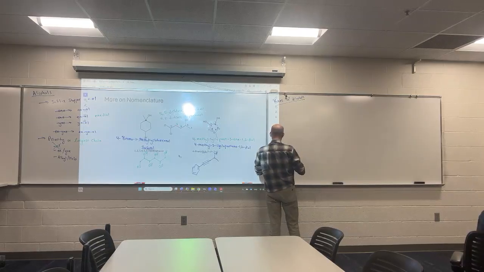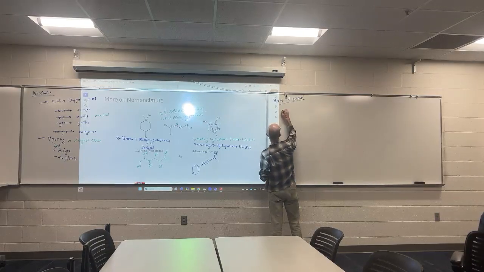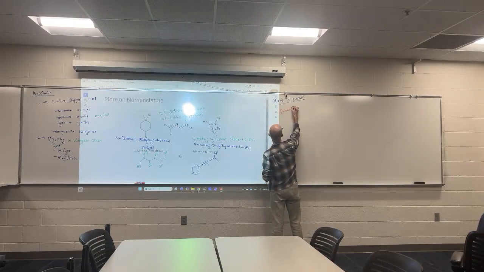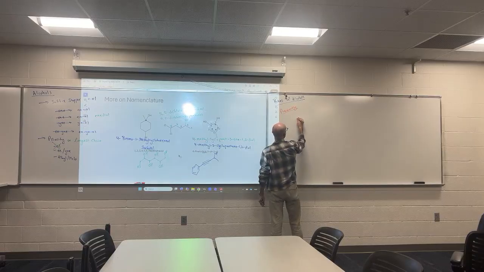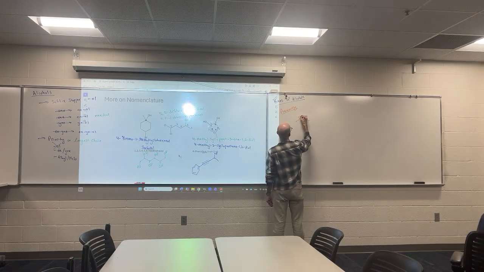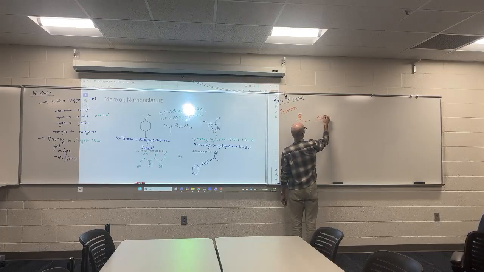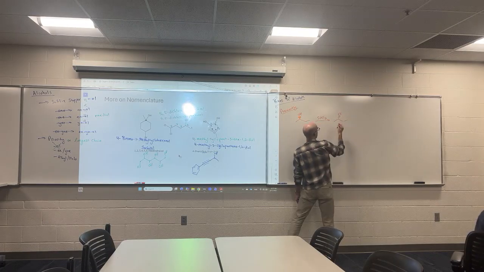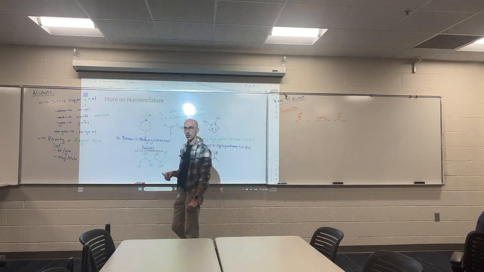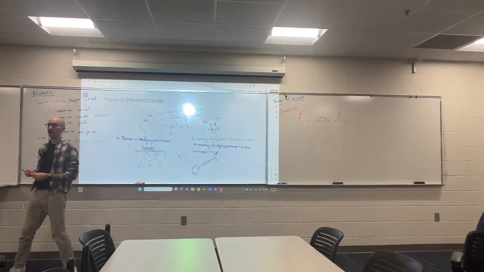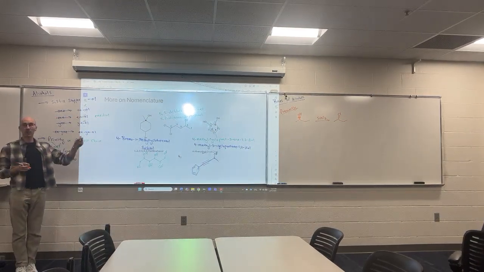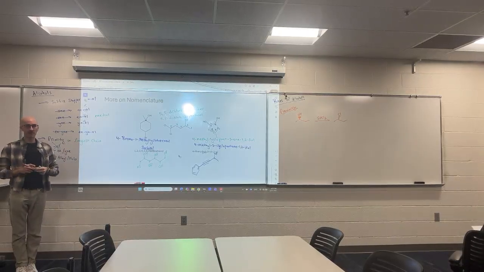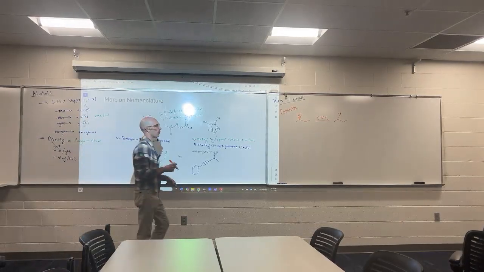First, I actually want to look at these previously seen reactions. Previously, we saw that we can use things like thionyl chloride to substitute an alcohol for a chlorine, and we have some control over the stereochemistry. We can actually invert the stereocenter using thionyl chloride.